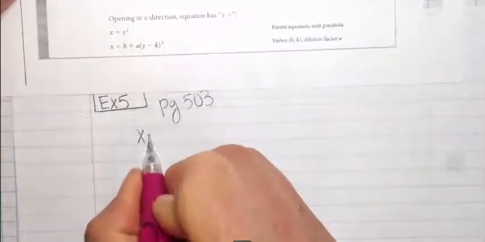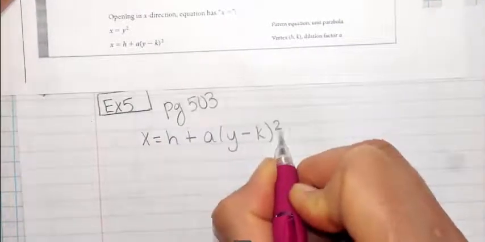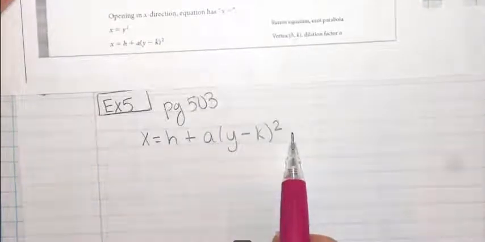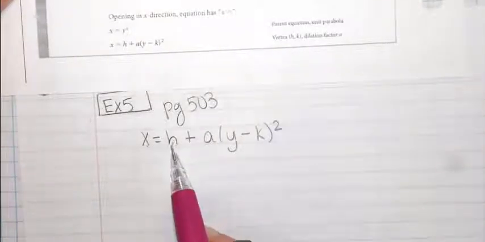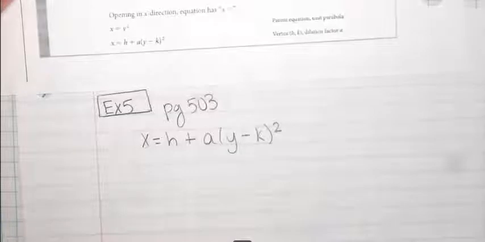So I'll have x equals h plus a times y minus k squared. Again, you could put the plus h over here, because that's how we're kind of used to looking at it. You could also make the h go over to this side, so it would be x minus h. More than welcome to rewrite it in any way that you want, as long as it's equivalent.